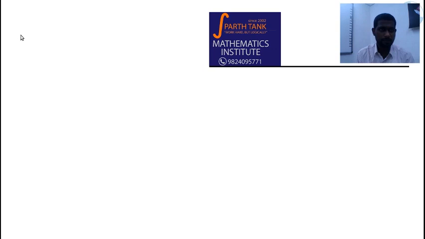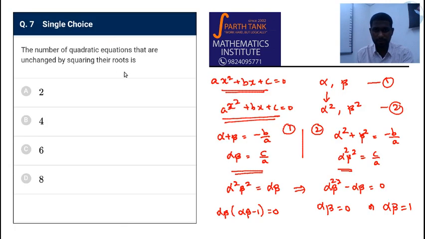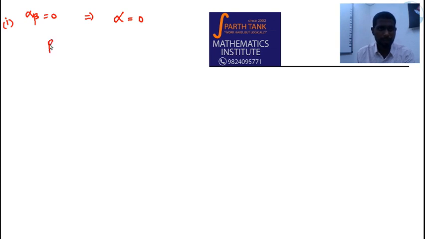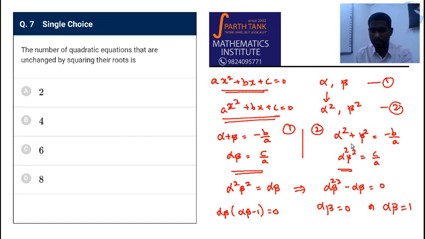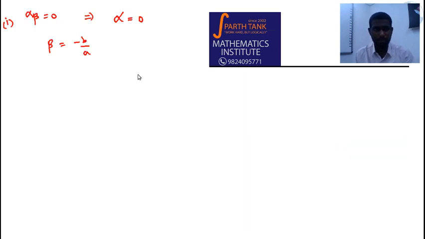So first thing is case 1, alpha beta is 0. Now this implies that one of the roots is 0. For the sake of convenience, let us say alpha is 0 and beta is some value. Now if alpha is 0, if I substitute that in the equations, from this equation I get beta is minus b by a, and from this equation I get beta squared is also minus b by a.